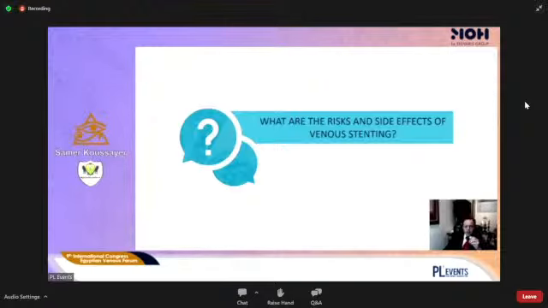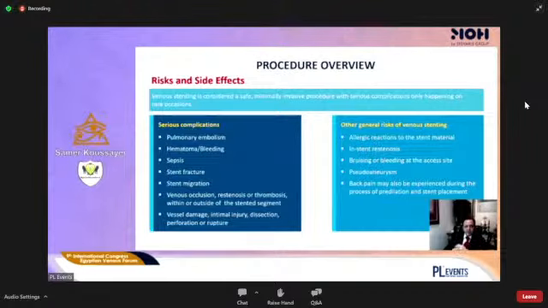So what are the risks and side effects of venous stenting? Venous stenting is considered a safe, minimally invasive procedure with serious complications only happening on rare occasions, or if you don't do good planning or you pick the wrong size of the stent. Serious complication could be pulmonary embolism, but it rarely happens, and that is why you don't use IVC filters when we put in the stenting, even with DVT.